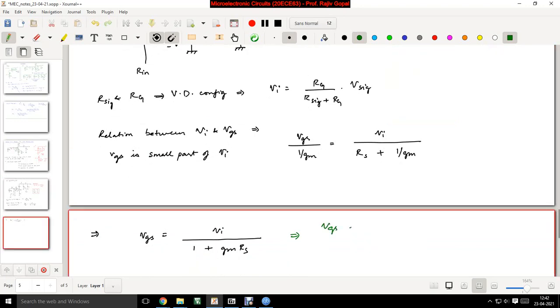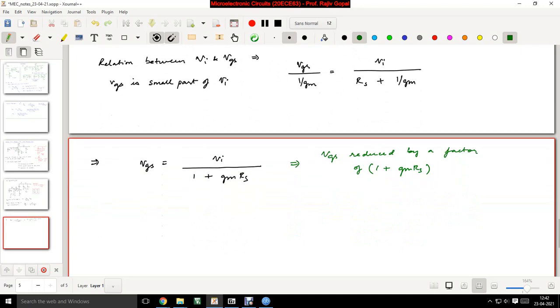VGS here is reduced by the factor of 1 plus Gm into Rs. It gets reduced by this factor.